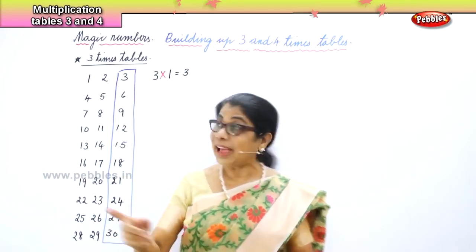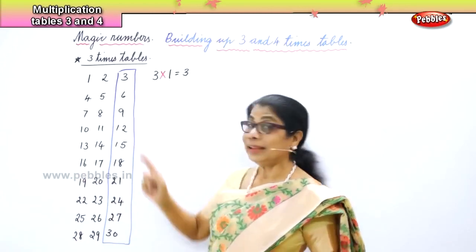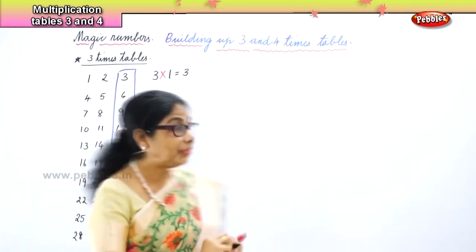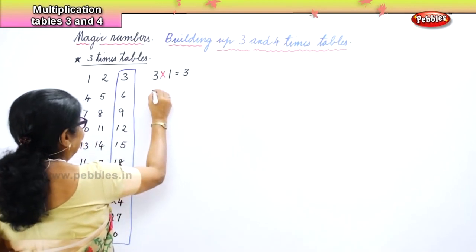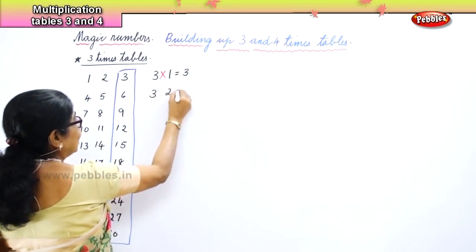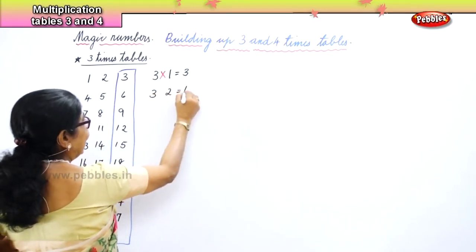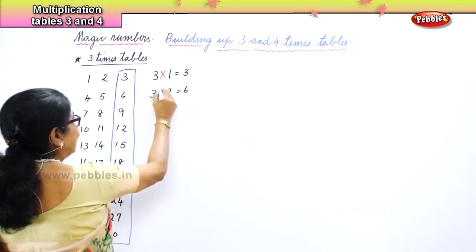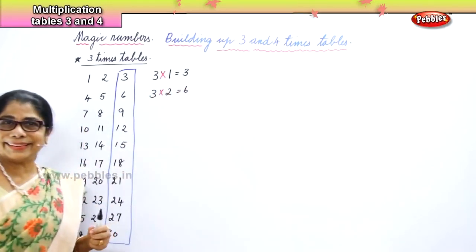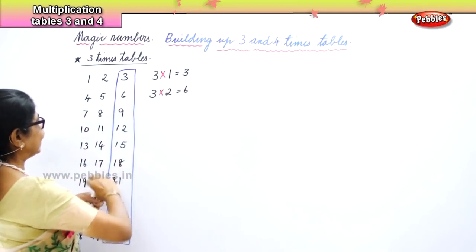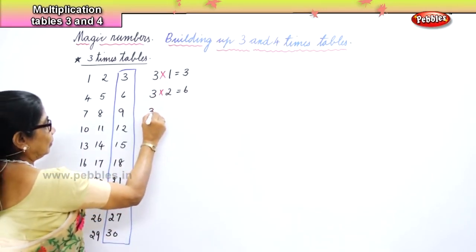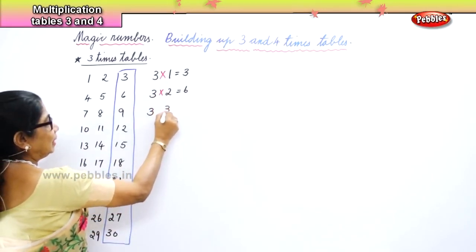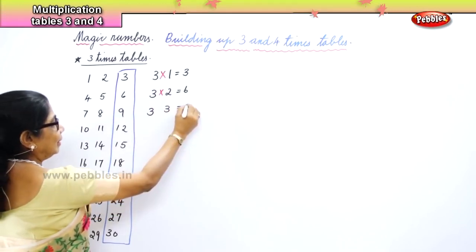Now let's learn how to write. 3 ones are 3. Then how will you write 3 twos are? 3, 2 times. 3 twos are 6. And you have the multiplication sign here. Good. Next. 3. How many times? 3 threes are 9.